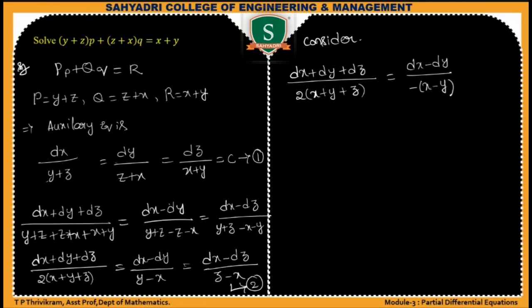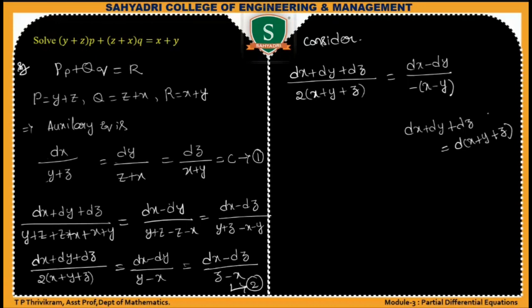Why am I taking this one? Suppose you are taking dx plus dy plus dz, this value can also be equal to d of (x plus y plus z). Can I? Why? Because if you do integration on both sides, it gives the result as x plus y plus z.